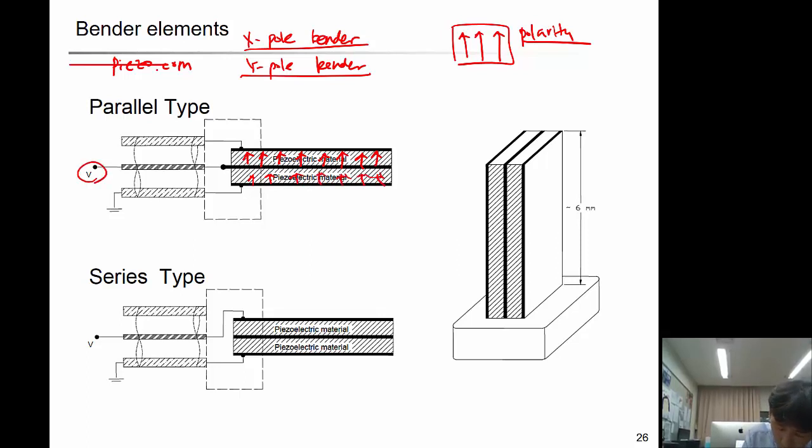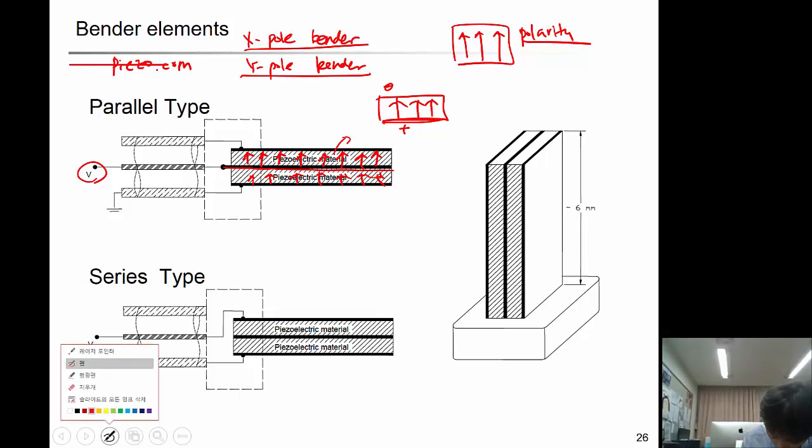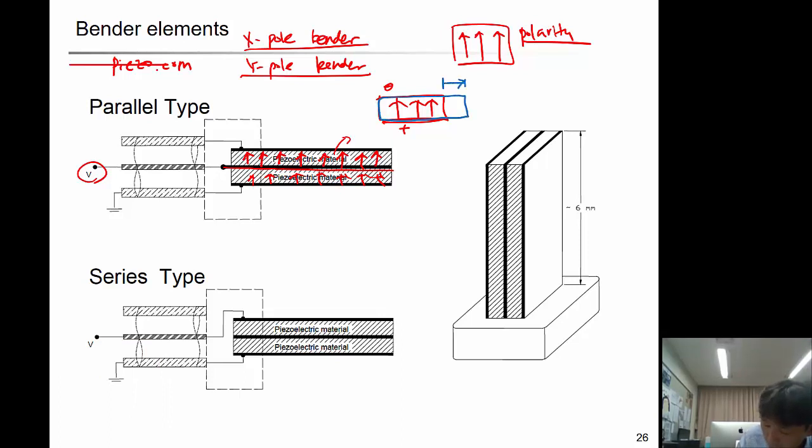Then when you apply the voltage to this metal shim, the material is pulled in this direction. At the bottom is the plus, and the minus or the 0 is at the top. So it's going to be elongated, like this. Elongation.